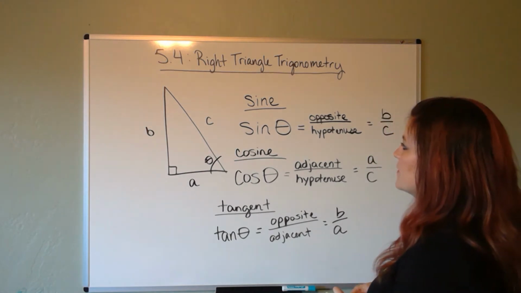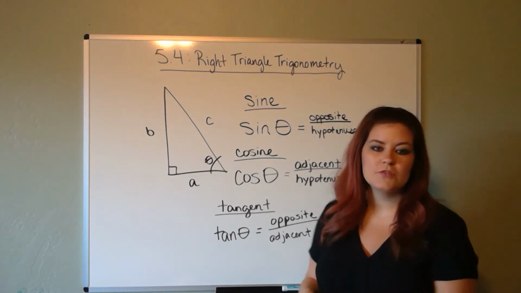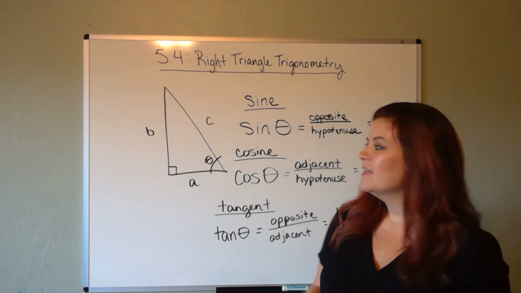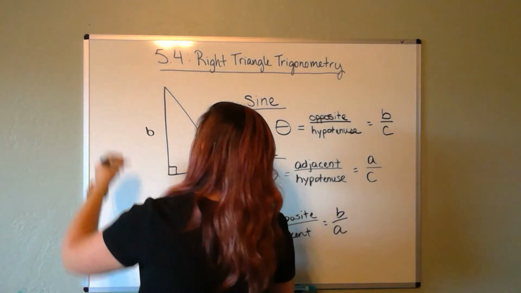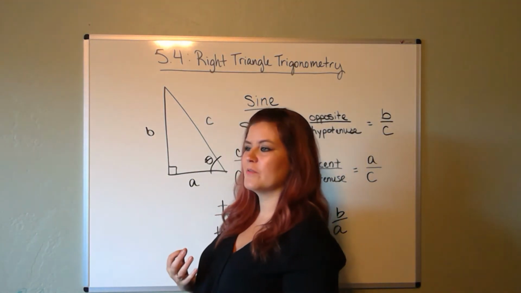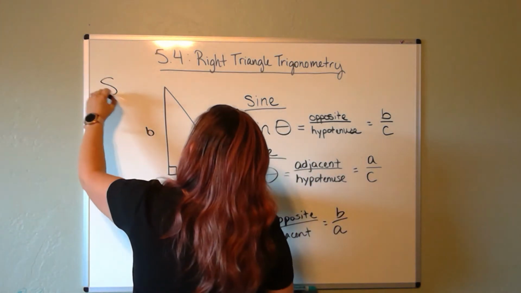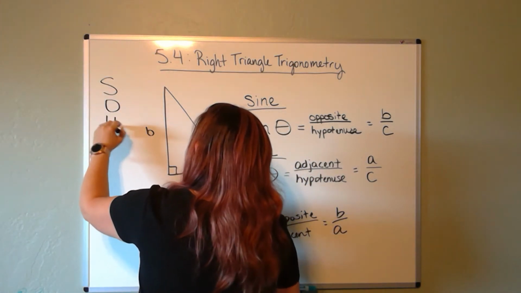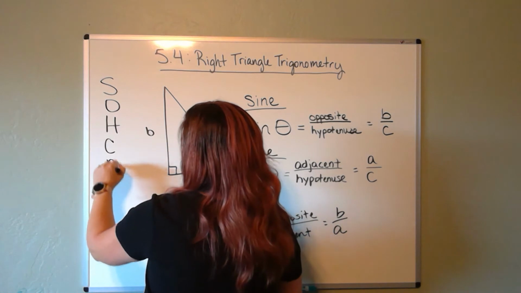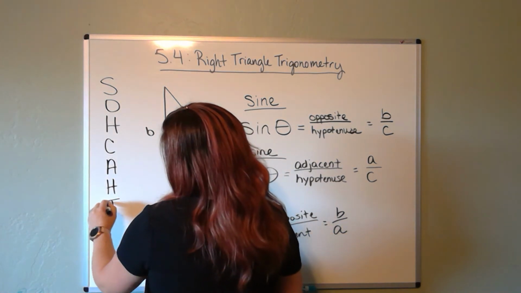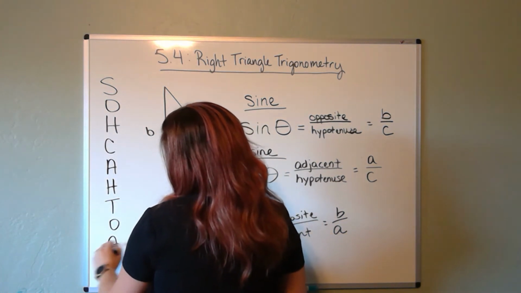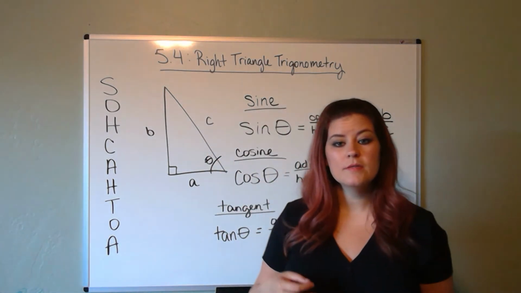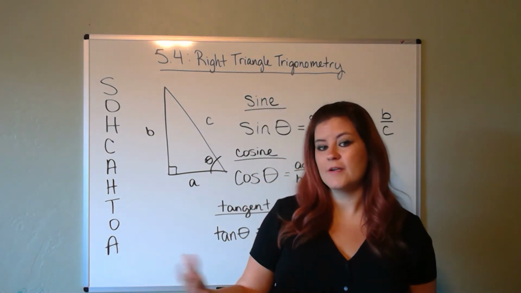So you guys, we have the little saying, and if you've taken a trig class before, I'm sure you've heard it. We use the, I can't really call it a phrase, it's not even really a word, acronym, if you will. You guys, we have SOHCAHTOA. So SOHCAHTOA kind of rolls right off the tongue.